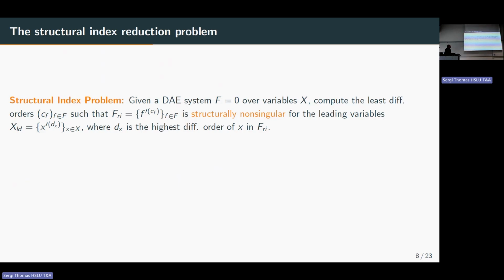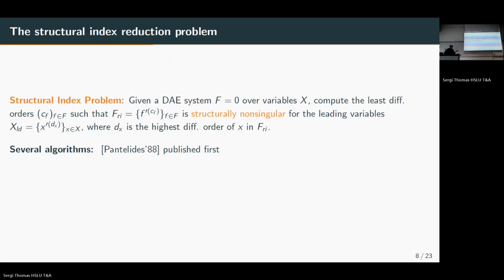So the index reduction problem: given a DAE system, f equals 0 over a set of variables x, the index reduction problem is to compute the least differentiation order c_f for each equation f in the system, so that the reduced index system, consisting of the set of equations f differentiated c_f times for each equation f, is structurally non-singular for what we call the leading variables, that are the x differentiated d_x times for each x in X, and where d_x is the highest differentiation order of x in the reduced index system.